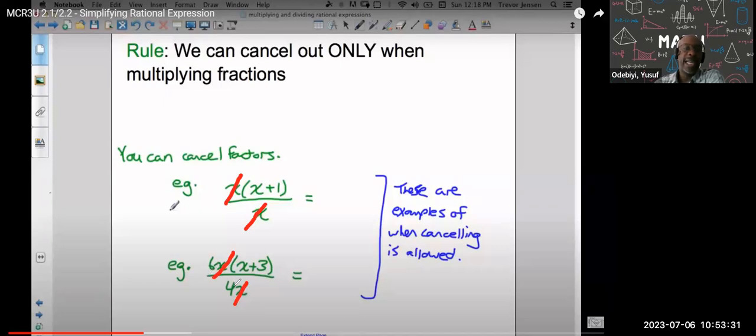And possibly I can reduce we got 6/4. What's the greatest multiple that can go into 6 and 4 is 2. So I can turn this 6 into 3 because I'm going to divide the top and bottom by 2. Okay. So that's what you're looking at there.